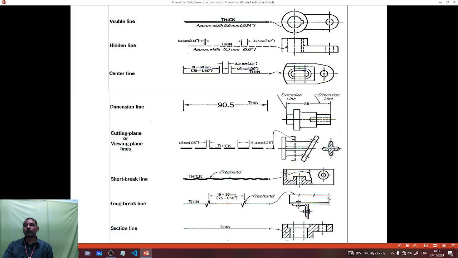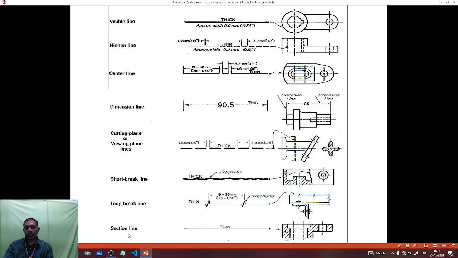We use it to see the cross-sectional view; people use the cutting planes. The next one is the short break line. The total solid image is different from the cross-sectional view. We can show the solid image and the cross-sectional view with the help of the short break lines.